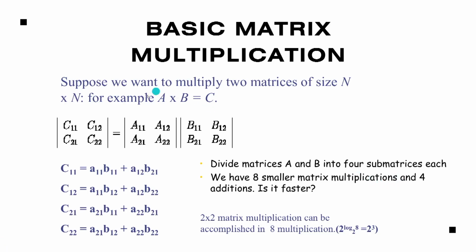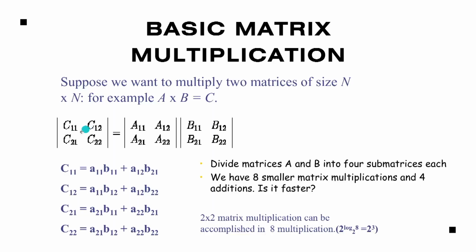Here you could see we have the two matrices. I hope you remember that those two matrices are of size n by n, and so we have taken only a square matrix, that is to be noted, and we are going to multiply A and B to get the resultant C. Since A and B are of size 2 by 2, this resultant will also be of size 2 by 2, and C11 has been obtained by multiplying the first row with the first column.